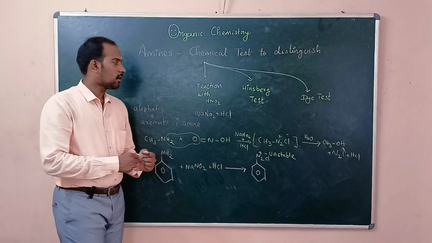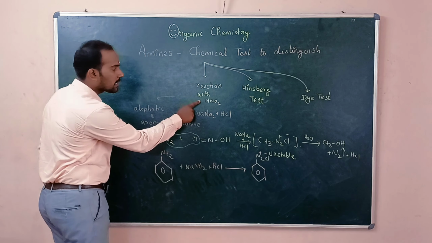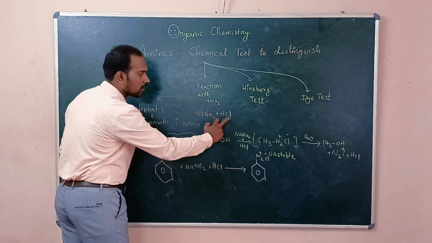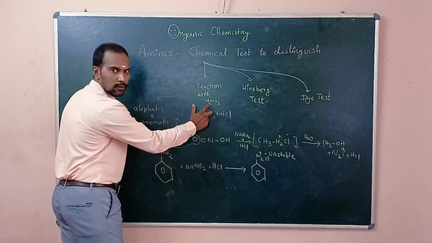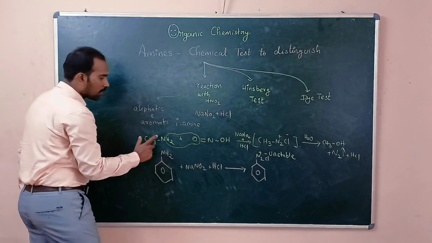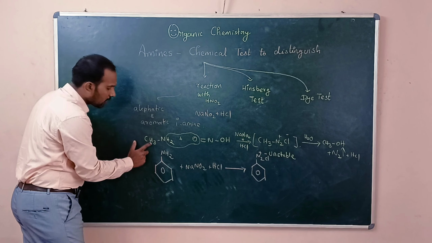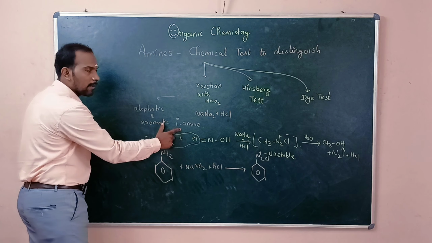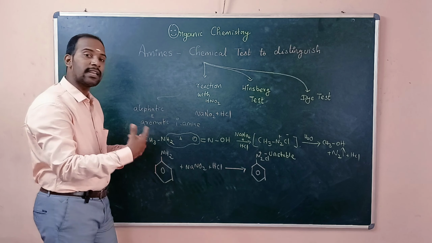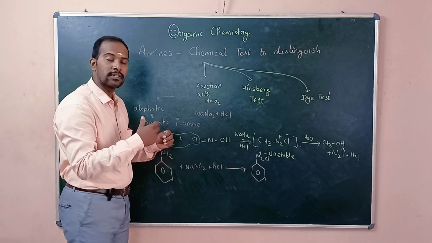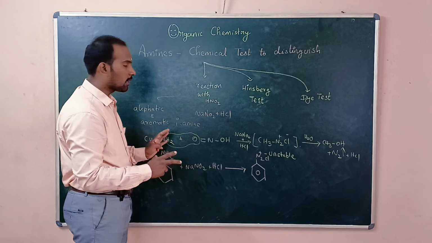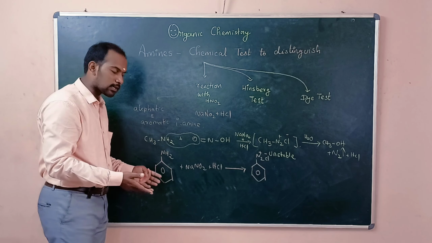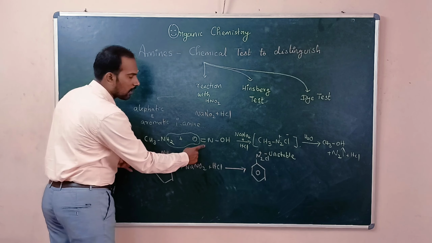Nitrous acid is produced from NaNO2 plus HCl, giving HNO2 as the product. We react it with methylamine, a primary amine, and with aromatic primary amine, aniline. Secondary and tertiary amines react with nitrous acid in a different manner, which is not asked here. Only primary amine reacting with nitrous acid is in our syllabus. So CH3NH2 reacts with HNO2.